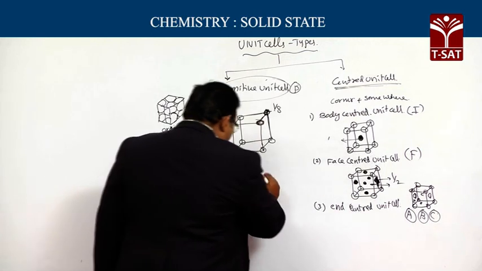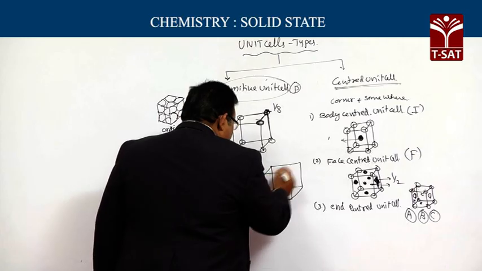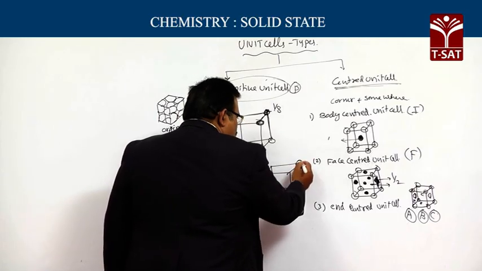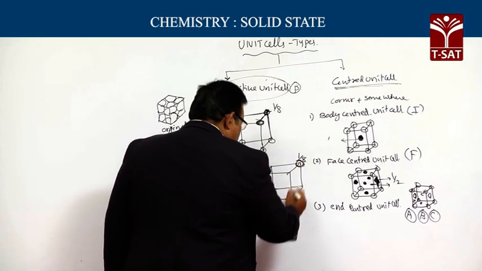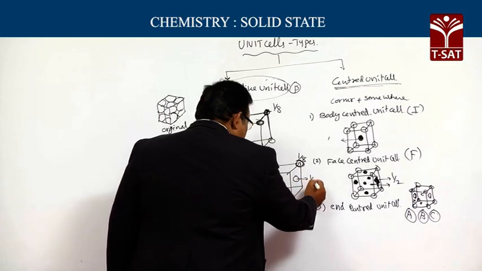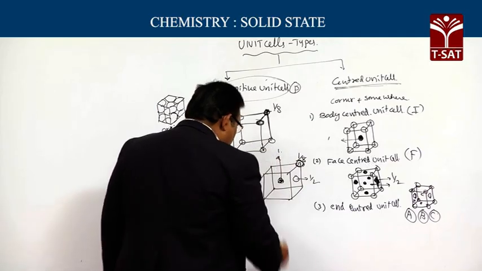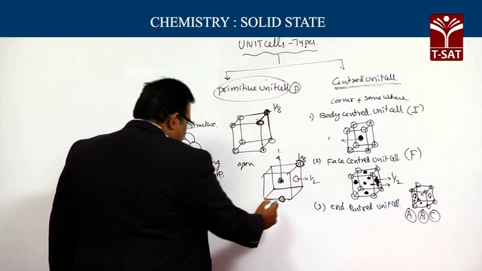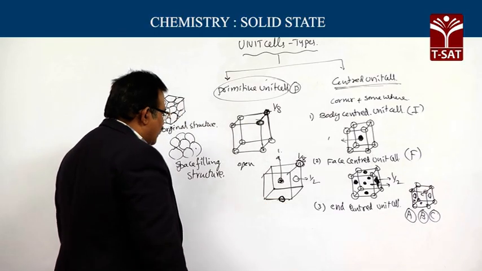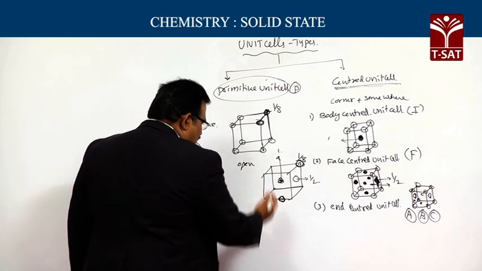And suppose there is a crystal exists like this. For corners, how much sharing? How much fraction should be taken to this unit cell? 1 by 8. For face center, 1 by 2. At body center, 1. If you talk about this edge center, this is edge center. So, edge center sphere is shared by 4 unit cells, 1 unit cell and the remaining 3 are arranged later.